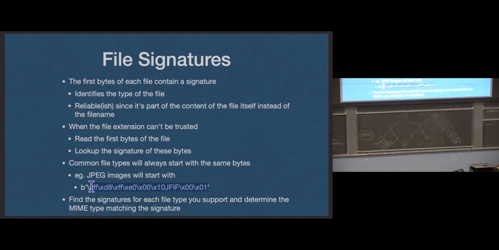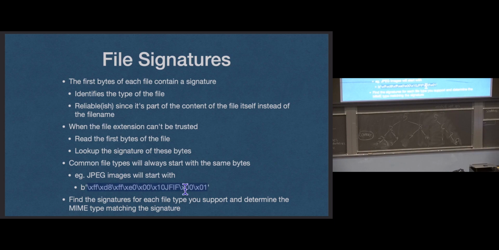For example, for a JPEG image, these are going to be the first bytes of that image. So you have the bytes, the actual content of your file, and you choose, not choose, but whatever you have for your file types that you support. For AO1, that's GIF, JPEG, PNG, and MP4.